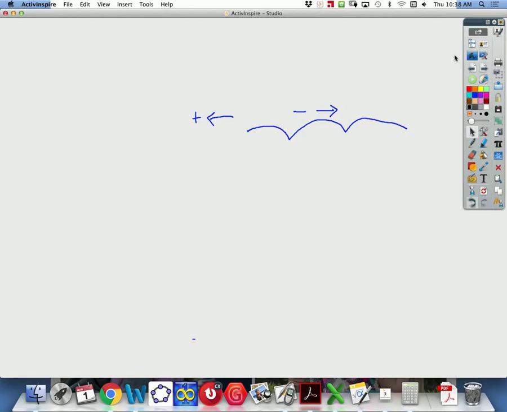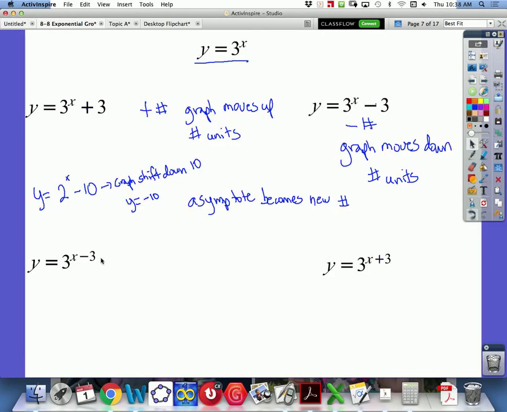So if we go to look at it right here, we can say that a positive number moves it to the right, and a negative moves to, oops, I did it backwards.